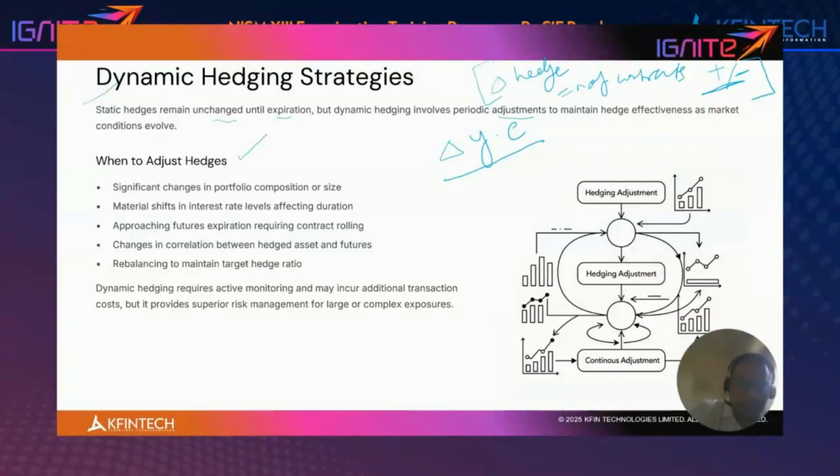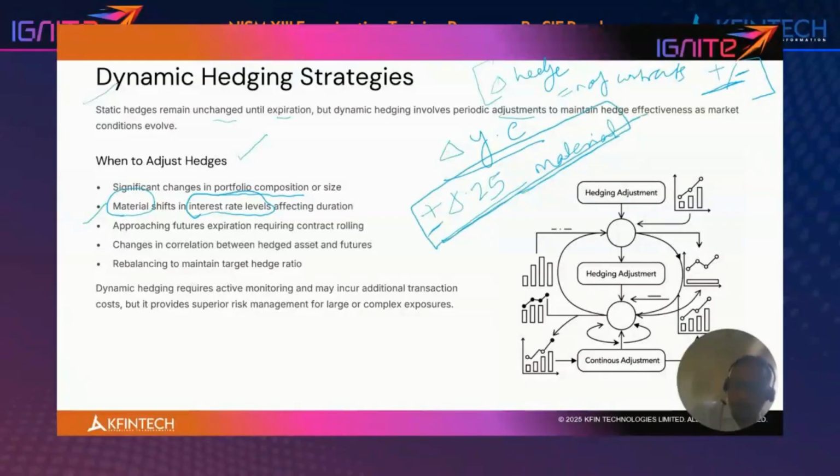When to adjust the hedge? Significant changes in portfolio composition, material shift in interest rate levels. When we say material, let's say for example in India, which comes in a medium term yield curve market, not on the lower side, not on the higher side, but on the medium term, anything greater than 0.25 will be considered as material, because that is the change that will bring a huge profit or huge loss to the bond market.